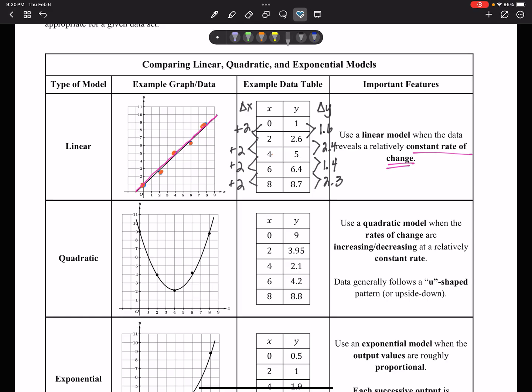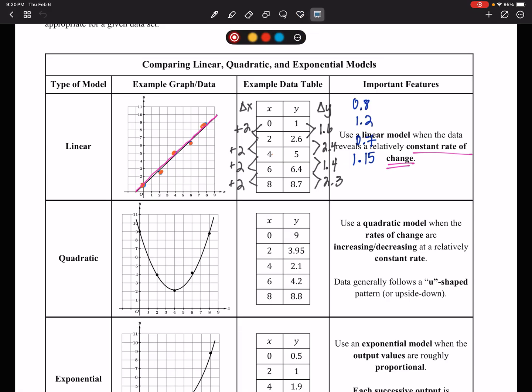So this right here, 1.6 divided by 2, it's 0.8. 2.4 divided by 2, that's 1.2. 1.4 divided by 2, that's 0.7. And 2.3 divided by 2, that's going to be 1.15-ish.